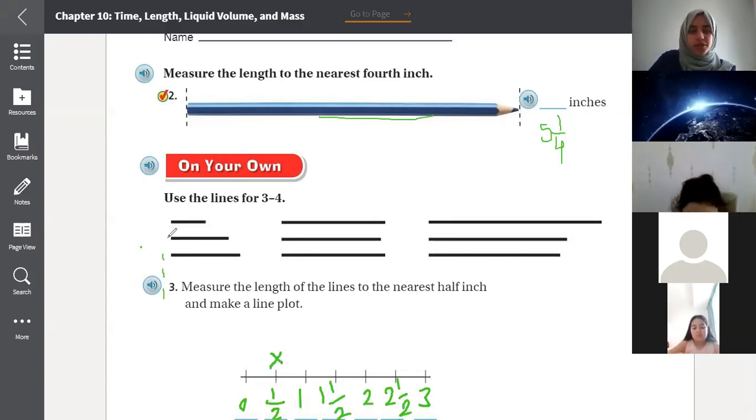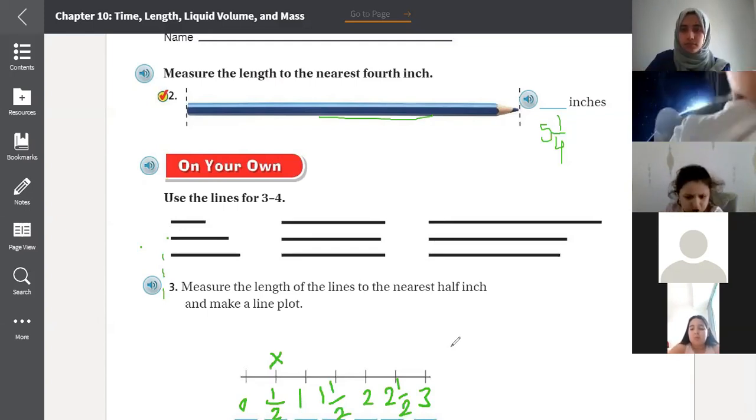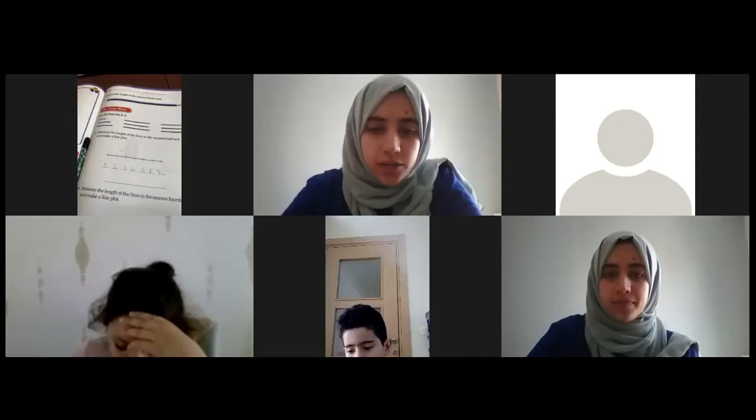Now measure the second one and tell your friends where to put the X. Teacher? Yes? And the third one, I didn't understand it. 1.5. Okay, I'm going to visit someone else to help them. Good luck, guys. What are you guys doing?